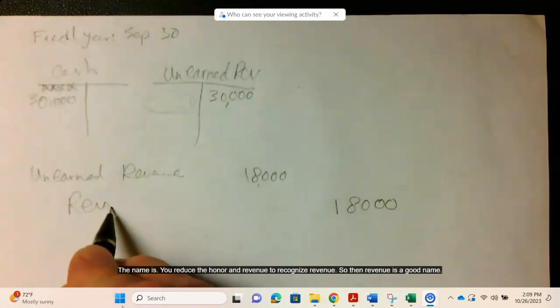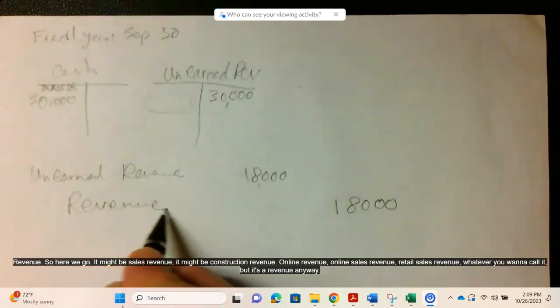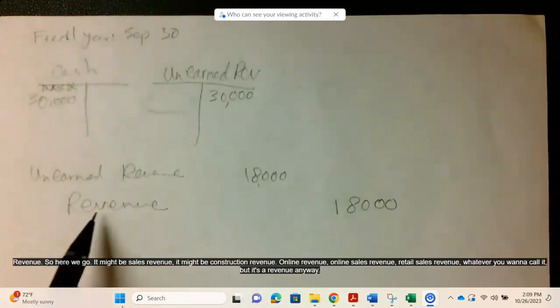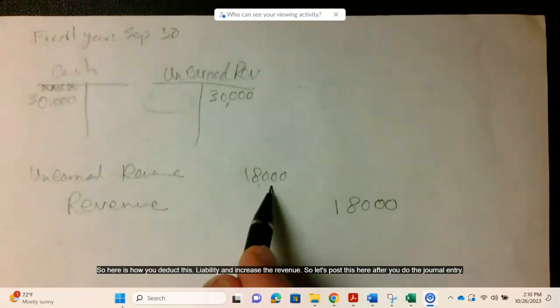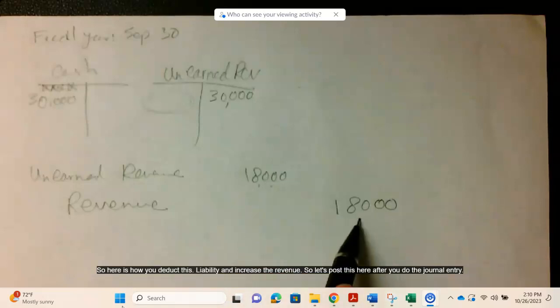So revenue is a good name. It might be sales revenue, construction revenue, online sales revenue, retail sales revenue, whatever you want to call it, but it's a revenue anyway. So here is how you deduct this liability and increase the revenue.